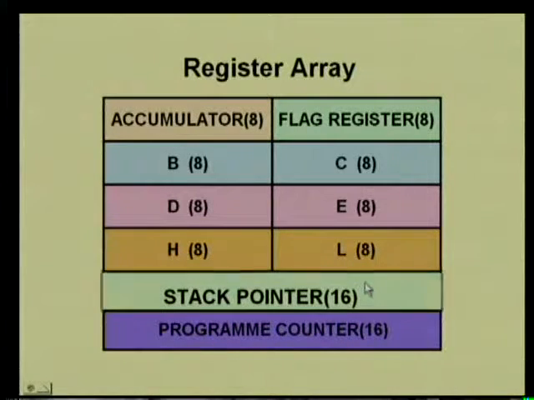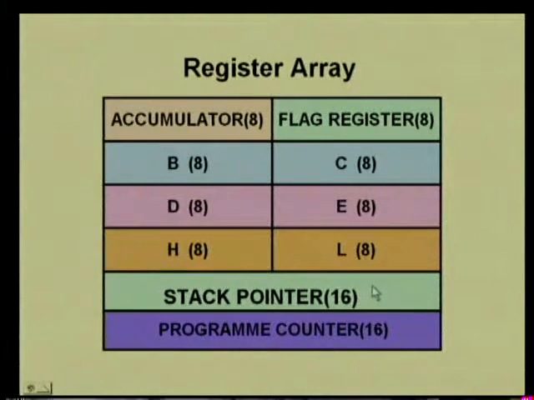Next one is the stack pointer. This we have already learned about. The stack pointer holds the starting address of the stack which is defined by the programmer, which he uses as read-write memory to store data temporarily while executing the program.